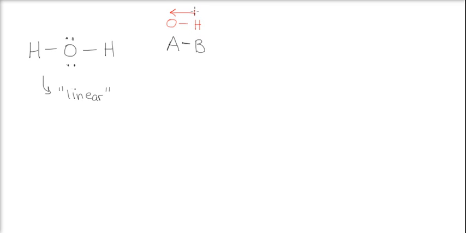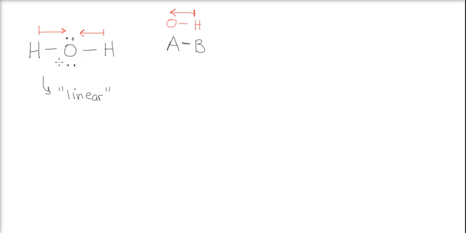So the arrow will point from the least electronegative to the more electronegative element. If we took water as a linear shape, we would draw two arrows, one for each of the two hydrogen-oxygen bonds. One arrow would point from left to right, and the other would simply point in the opposite direction.